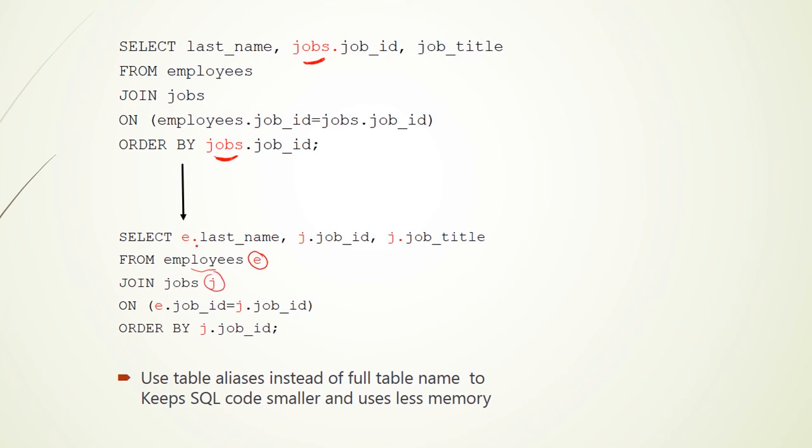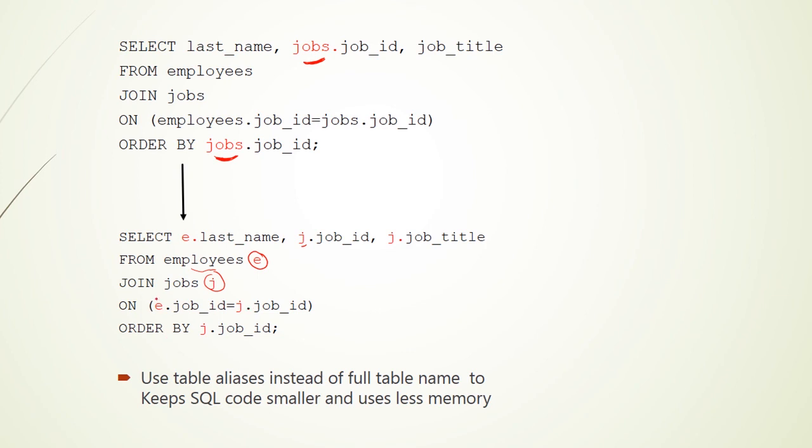So here, instead of providing the full table name while selecting the columns, you can specify the alias. Select, instead of employees.last_name, you can specify e.last_name. Instead of specifying jobs.job_id, you can specify the alias j.job_id, j.job_title FROM employees e JOIN jobs j ON, specify the condition.